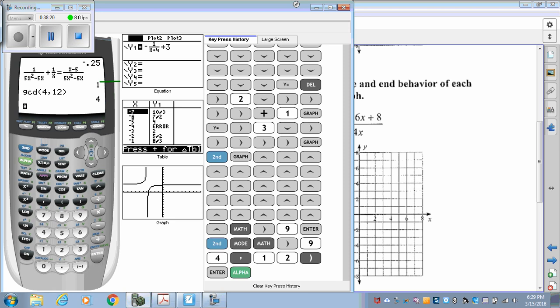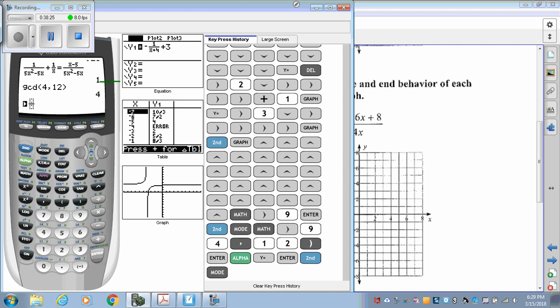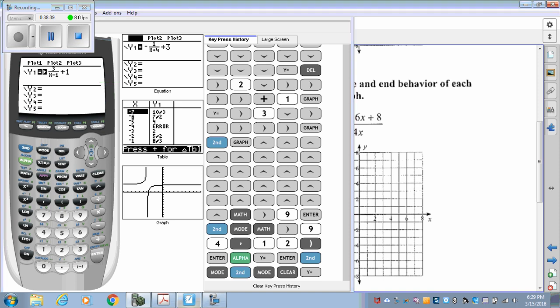Oh, okay, the y equals. Quit. Oh, that's there. And then go to y equals. And now I've factored out.